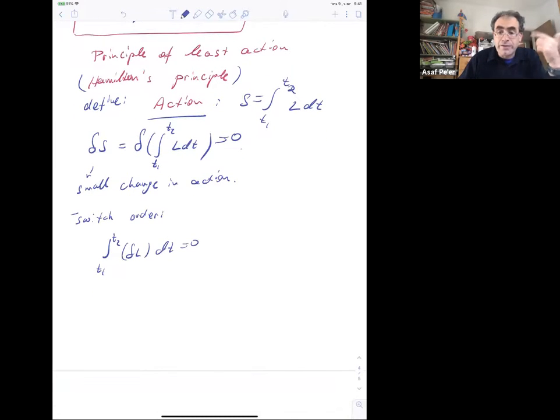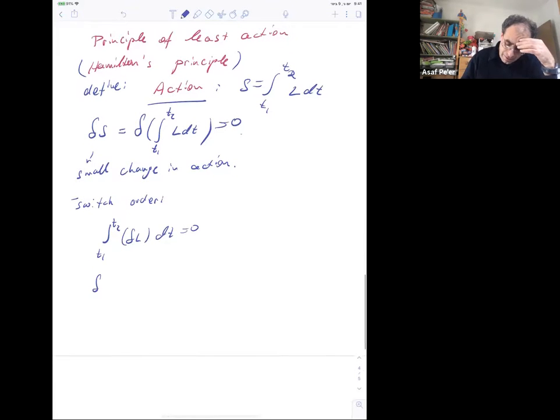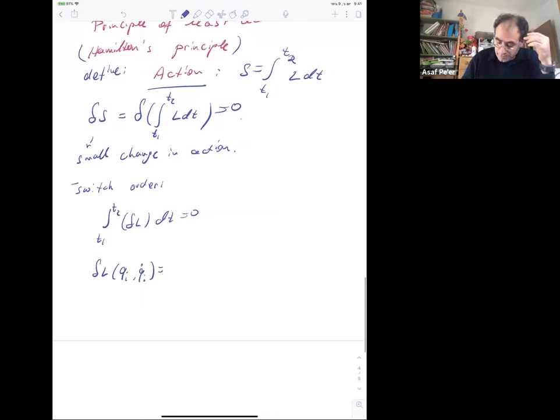And delta L is a variation of L, but L is a function of the coordinates. So delta L of q_i and q dot i, right, is just dL over dq_i delta q_i plus dL over dq_i dot delta q_i dot.